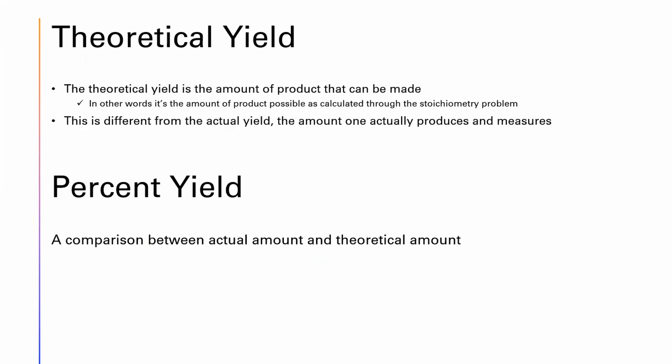And then we will continue to the theoretical yield. Theoretical yield is the amount of product that can be made, or in other words, the amount of product possible as calculated through the stoichiometry problem. The theoretical yield is usually different from the actual yield.